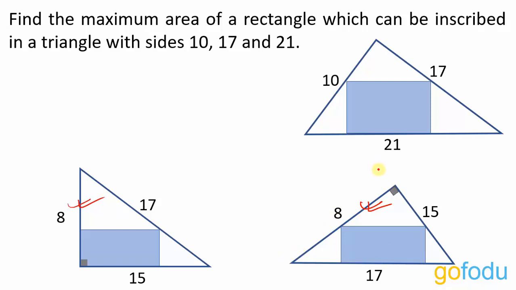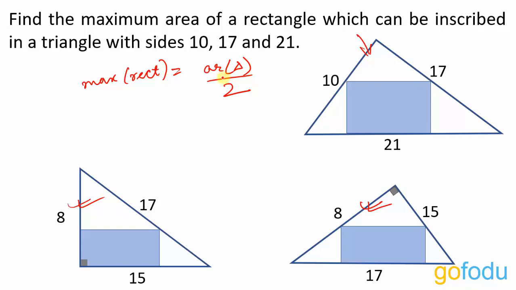Even if the triangle is not a right triangle, maximum area of rectangle that can be inscribed in a triangle will be area of triangle upon 2. Half of the area of triangle in which the rectangle is inscribed. Even if the triangle is right triangle, this will follow. Even if the triangle is not a right triangle, maximum area will be half of the area of that triangle.